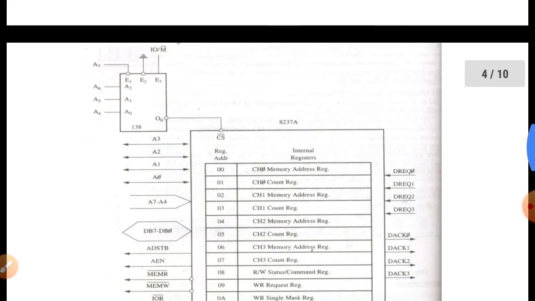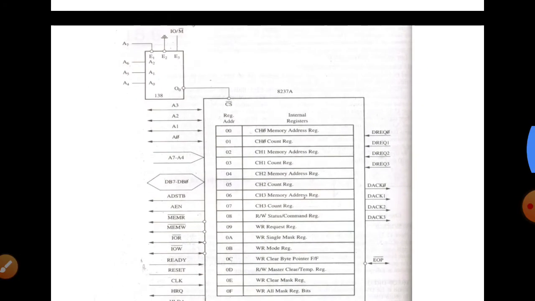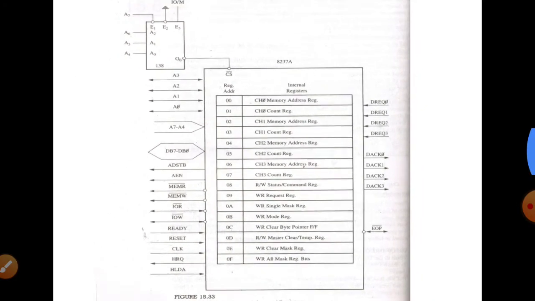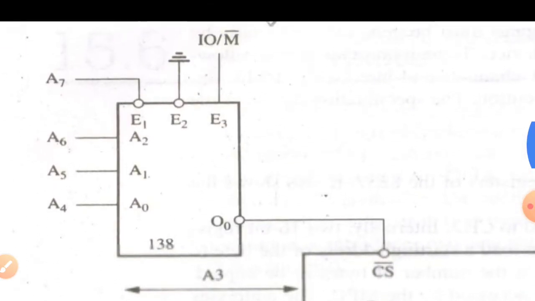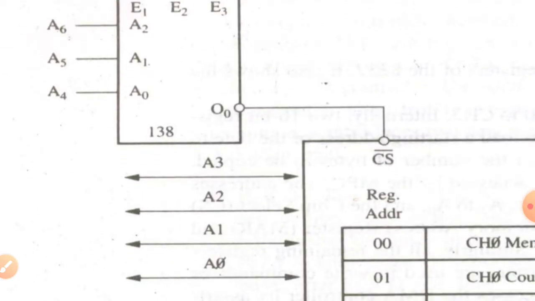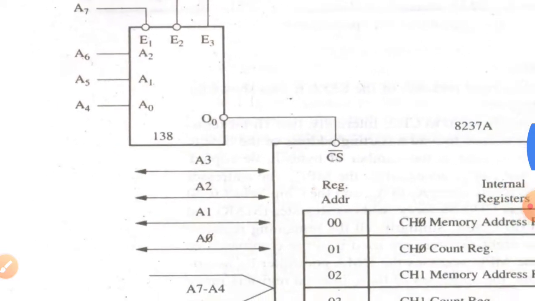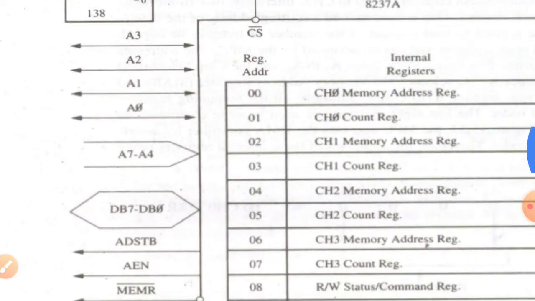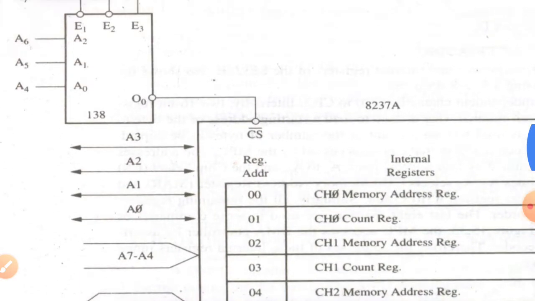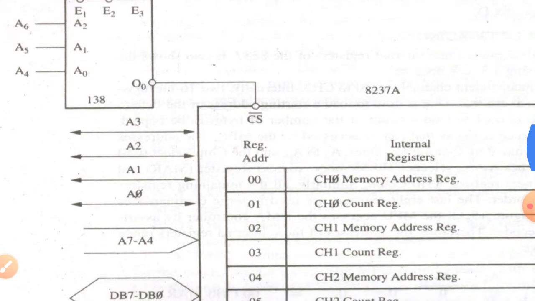So this is the block diagram of the 8237 DMA controller, in which you can see there are address lines. As we know, there are 8 address lines physically available in the 8085. So these address lines are connected to the 8237 controller by connecting these A0 to A7 lines.